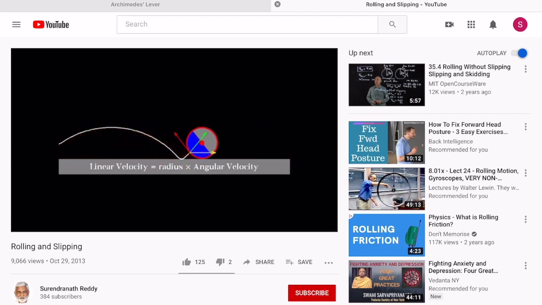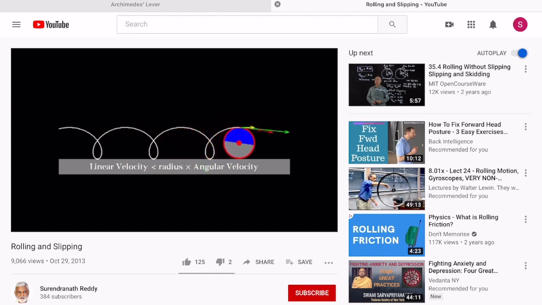This is still rolling without slipping. Interestingly, the curve traced out by that point of the wheel is called a cycloid when it was rolling without slipping. Anyway, so now we are rolling faster than rolling without slipping.